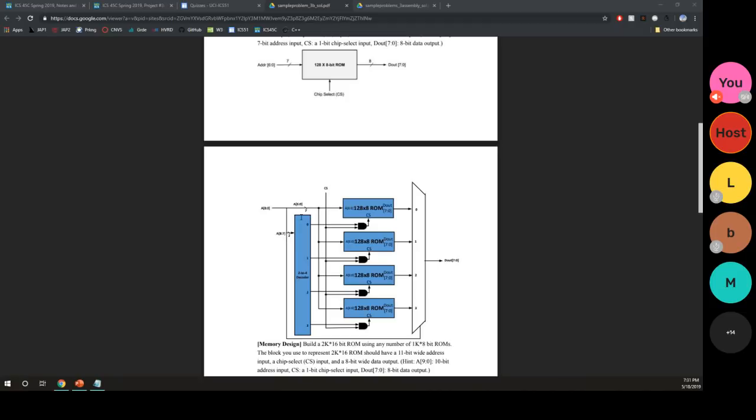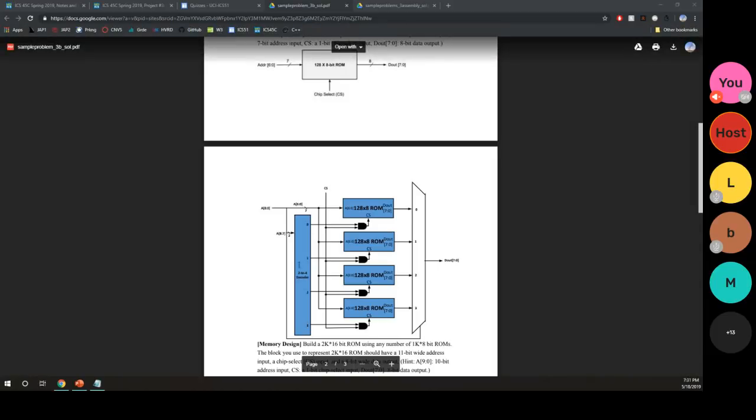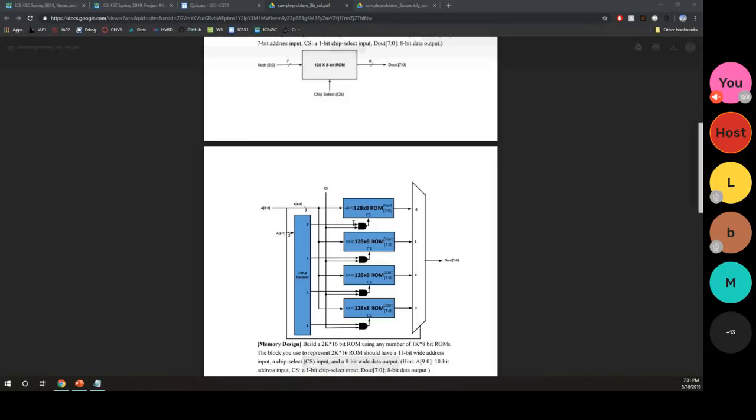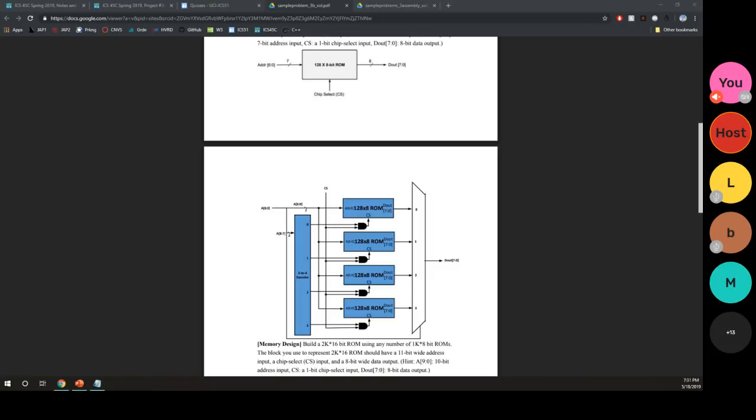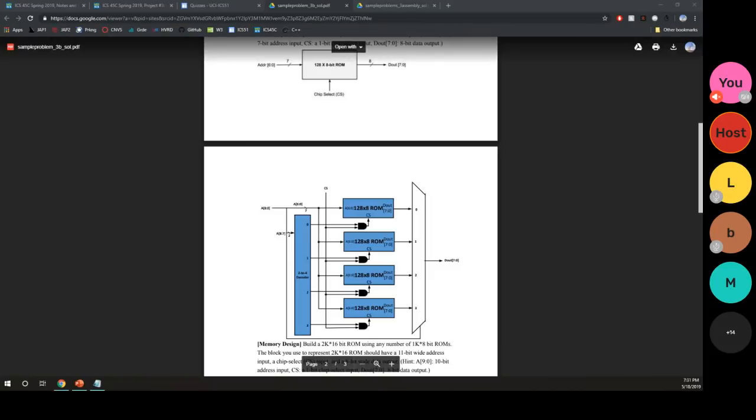In this case, we have to use a decoder because it's not as simple as a 0 or a 1, it can be multiple. It can be 00, 01, 10, or 11. And so we have to use a decoder because it's 2 bits to choose and select which one of these we're going to actually read from. Does that make sense?